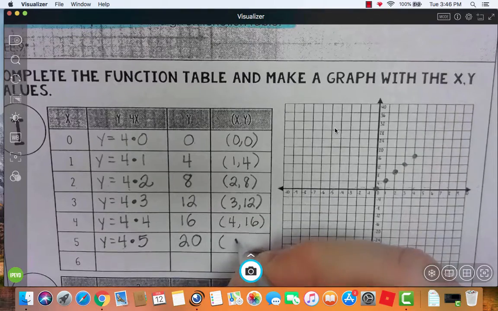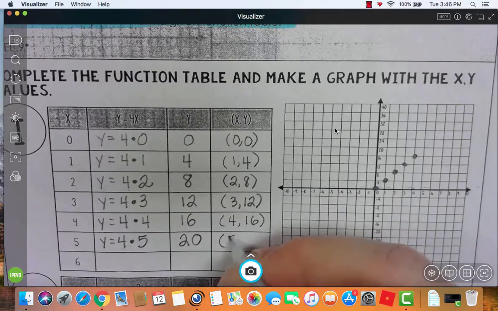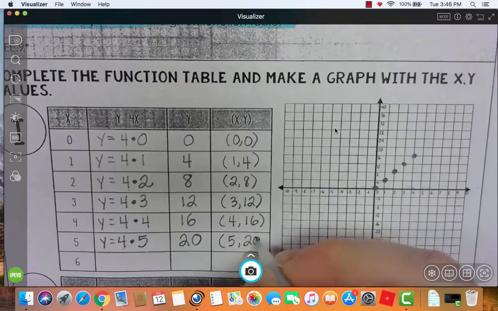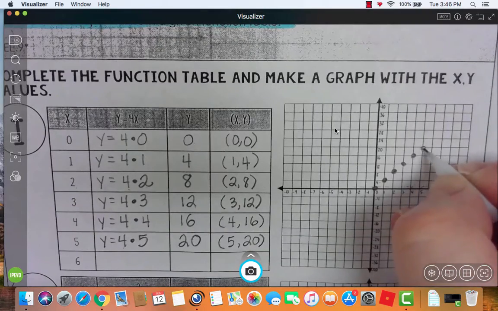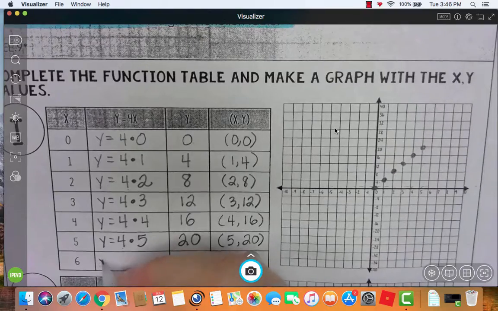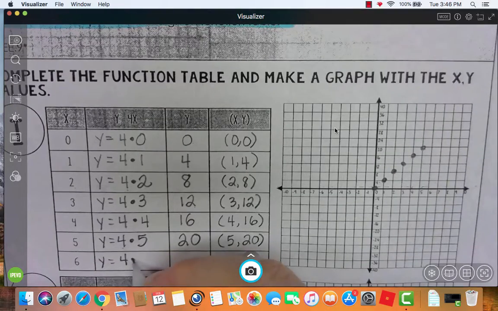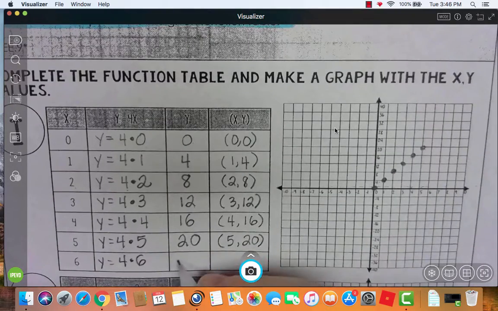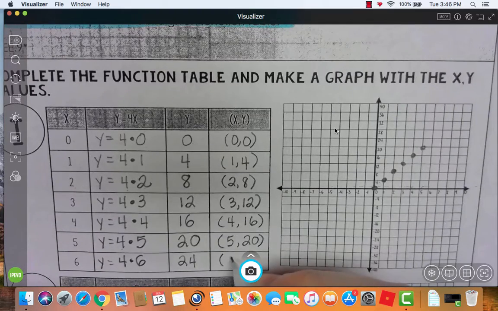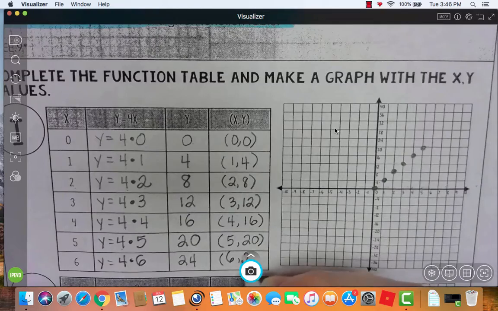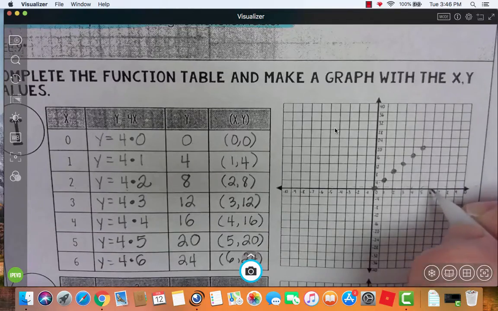Ordered pair is 5, 20. Graphing those 2 points. Y equals 4 times 6. 4 times 6 is 24. My ordered pair becomes 6, 24. I'm going to graph that.